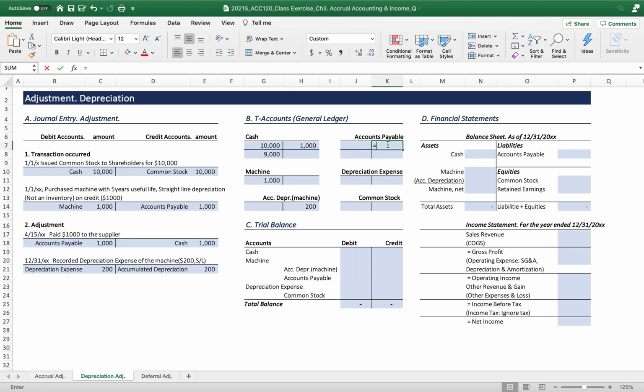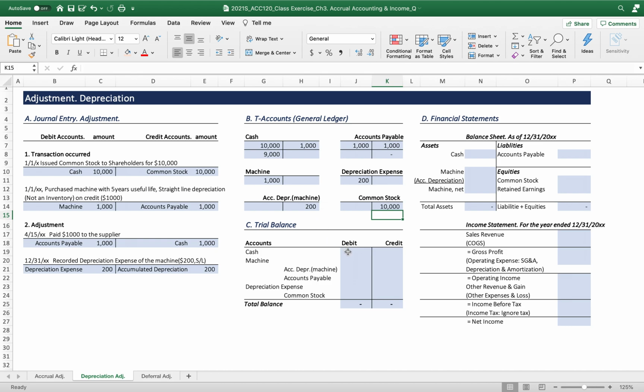Accounts payable is the liability account. Now paid out 1,000, so there's no accounts payable at all. Depreciation expense is the debit account that reduces the equity. The depreciation is one of the operating expense accounts on the income statement, so depreciation 200 on the debit. And common stock is the equity account when the company issued.